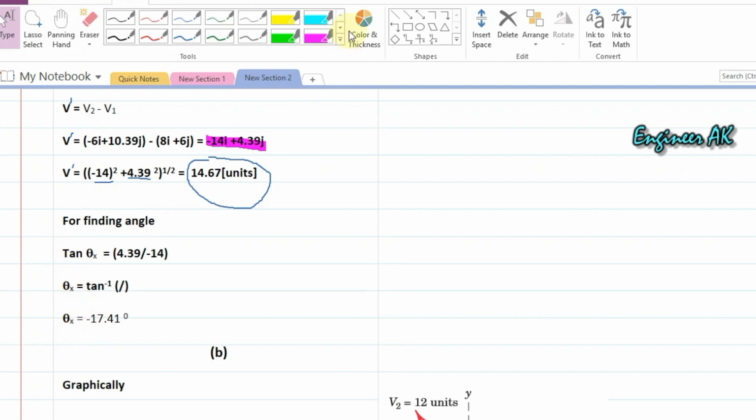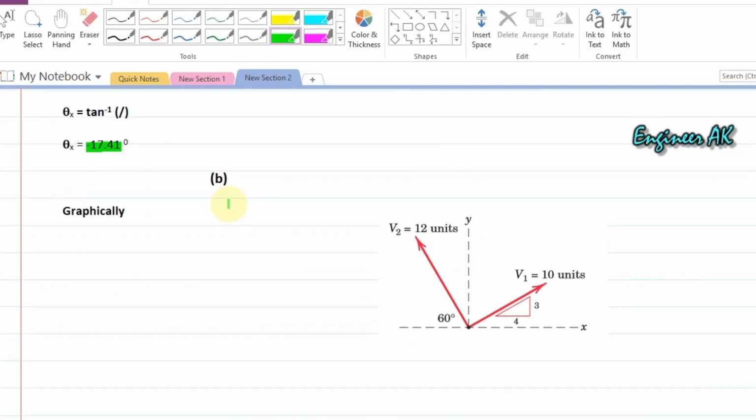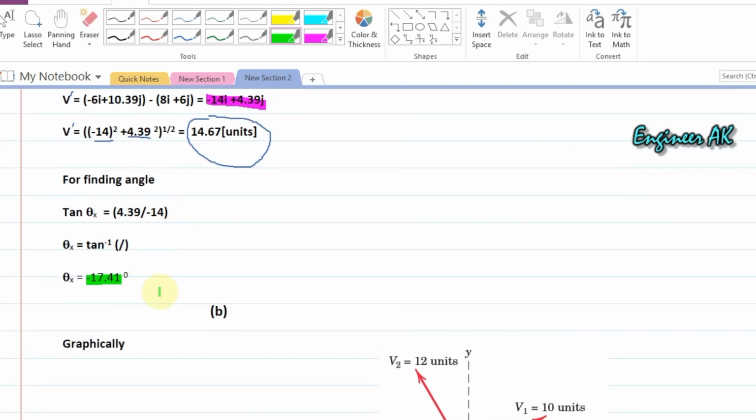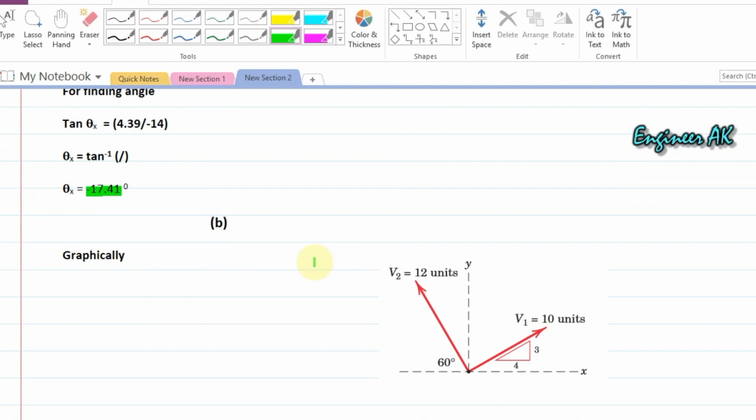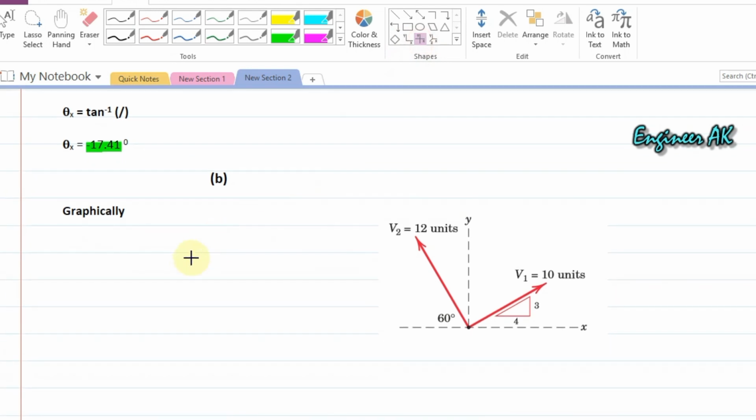This minus sign shows that it is the angle with the negative x-axis. If I want to find it, let me draw this coordinate system here so you will understand it easily. Okay, now the value that we have found is like this.